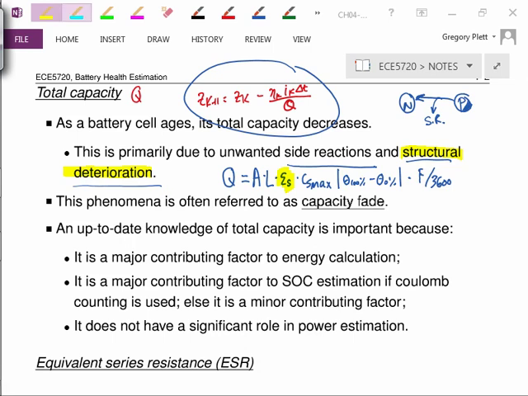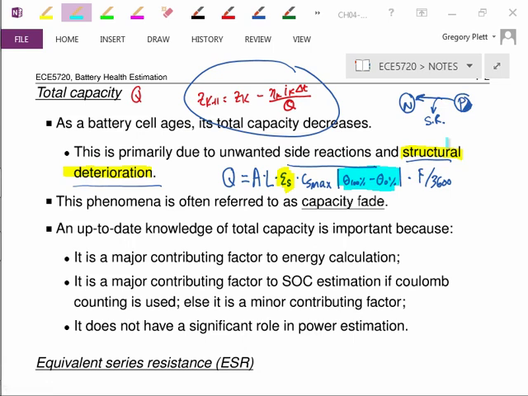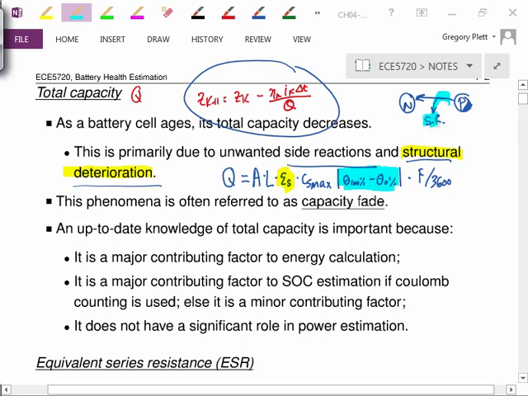If I have a side reaction, that turns out to change this operating window here, so that I still end up with Vmax and Vmin between the cell Vmax at 100% state of charge and cell Vmin at 0% state of charge, with lithium capacity being lost, and this side reaction mechanism that shifts the operating window.